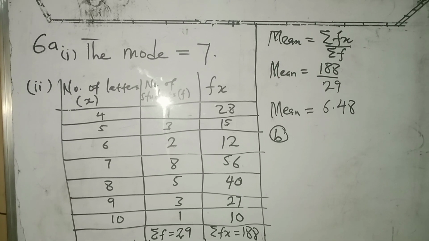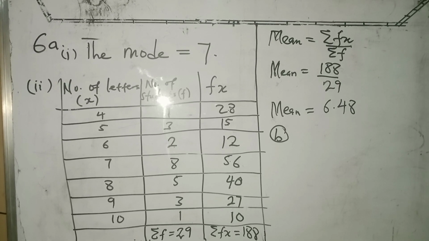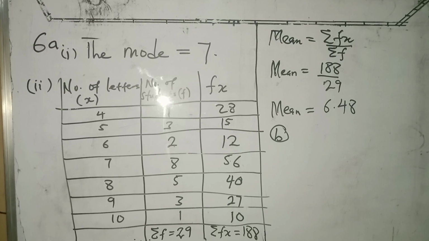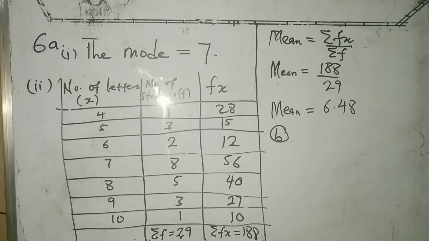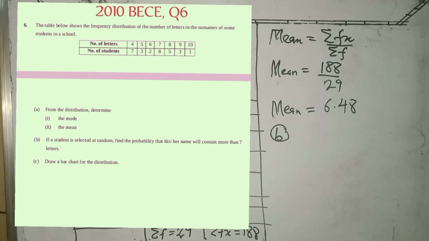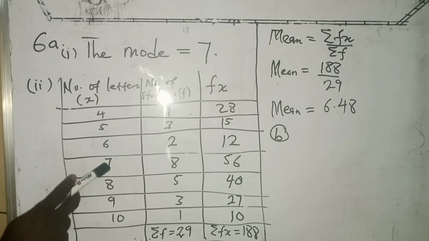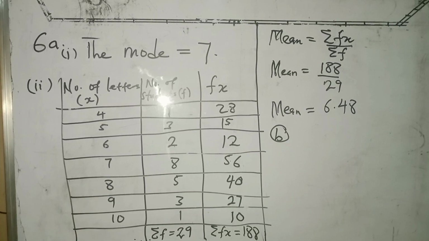Now, the next thing is for us to find the probability. The question was, if a student is selected at random, find the probability that his or her name will contain more than 7 letters. So when you look at the table, this is 4 letters, 5 letters, 6 letters, 7 letters.